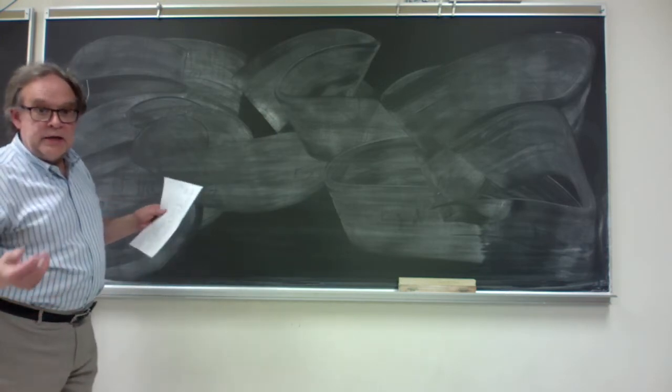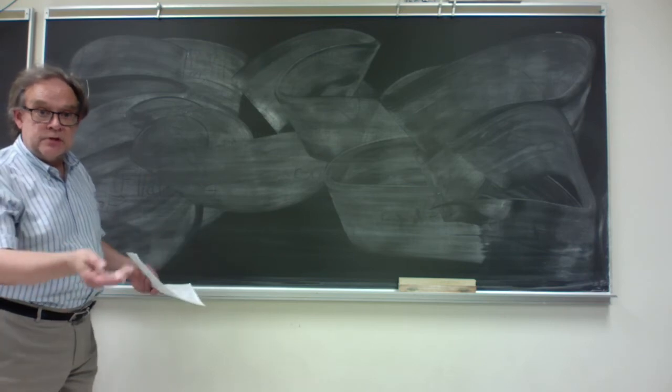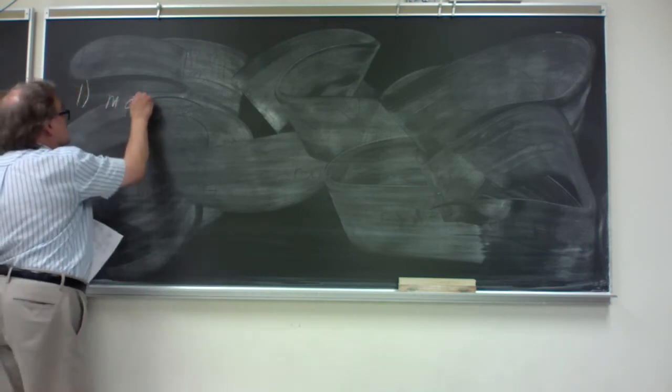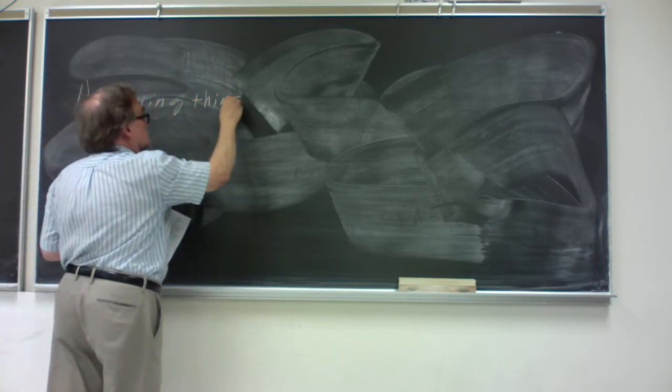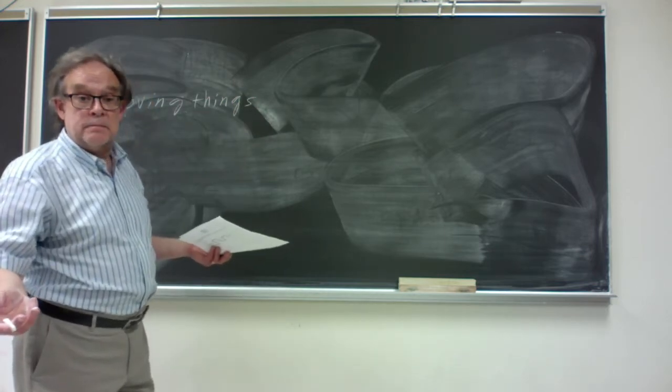Rule number one: anything that's moving is going to have kinetic energy, so we have to include that in our system. So moving things should be included in the system.